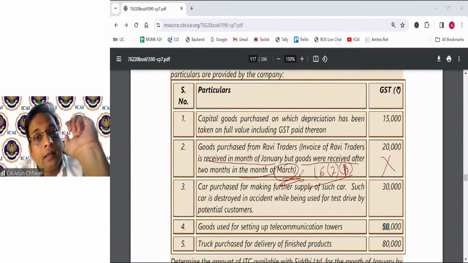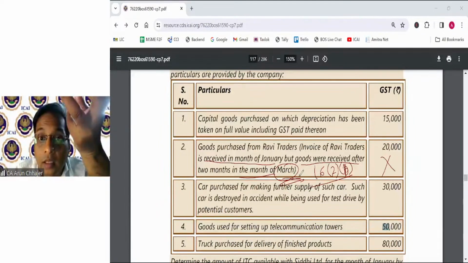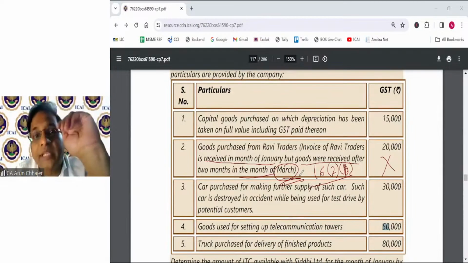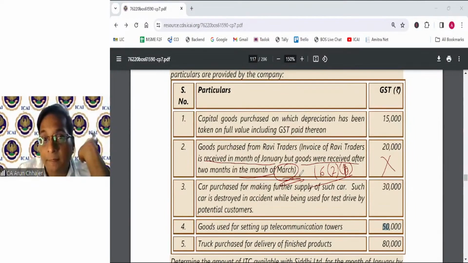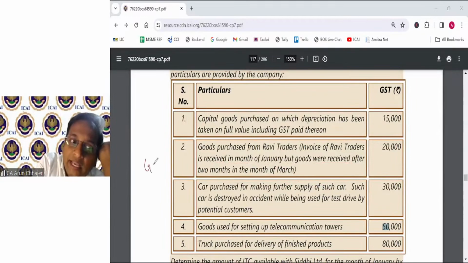Here, I am trying to cover some related areas at the same time, even if this question is not asking. You tell me, if the goods are not actually received, when can I take the ITC?